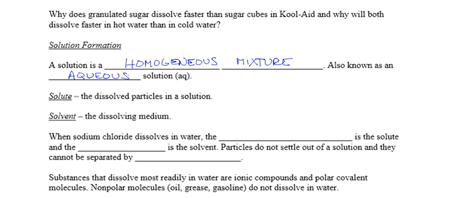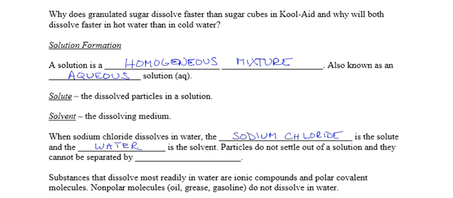So when sodium chloride, salt, dissolves in water, the sodium chloride is the solute and the water is the solvent. But be careful. If they just give you NaCl(aq) and they ask, what is the solvent?